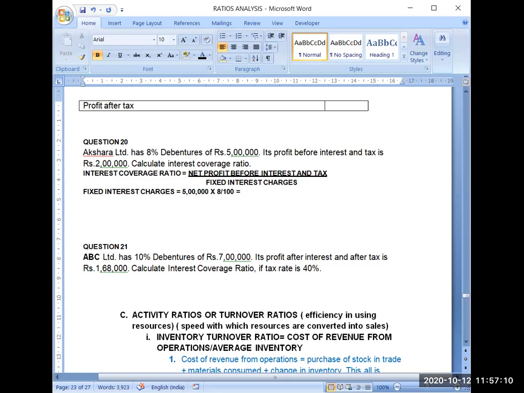This way your total interest charges will be 40,000. So your fixed interest charges are 40,000. I hope it is clear. Now net profit before interest and tax is already given to me, and that is 2 lakh. And fixed interest charges are 40,000.